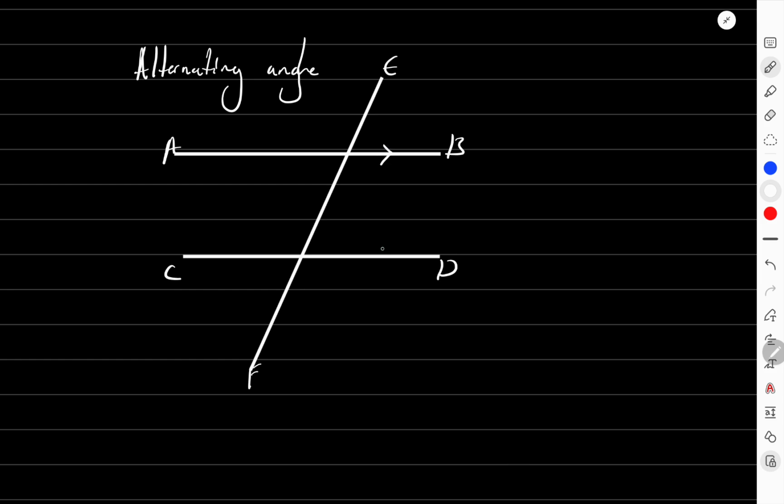I'm being told that line AB is parallel to line CD. I'm going to write G, 1, 2, 3, 4, and H, 1, 2, 3, 4. Alternating angles are angles that are found within the N shape or the Z shape.